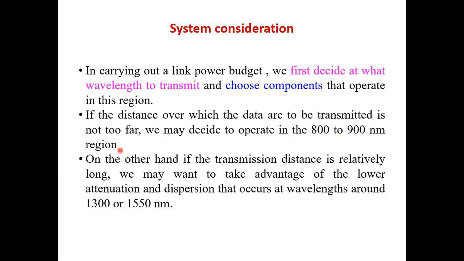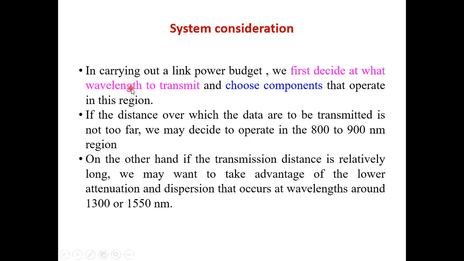But suppose you are designing a system where the distance is not too far, all the components being nearby, concentrated in one particular area. Then you can decide to operate at the first optical window, 850 to 900 nanometer. So the distance over which you want to communicate will decide your wavelength.